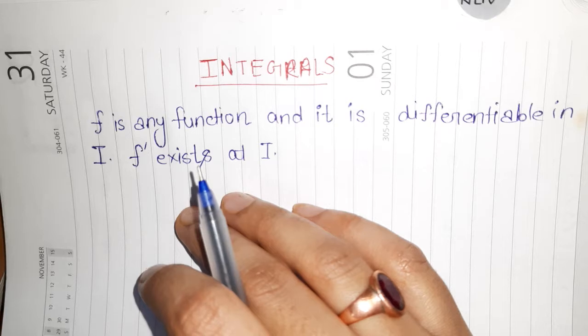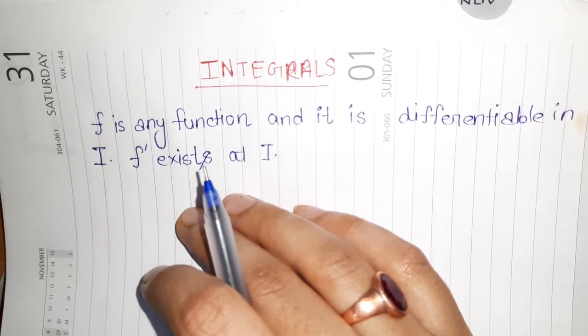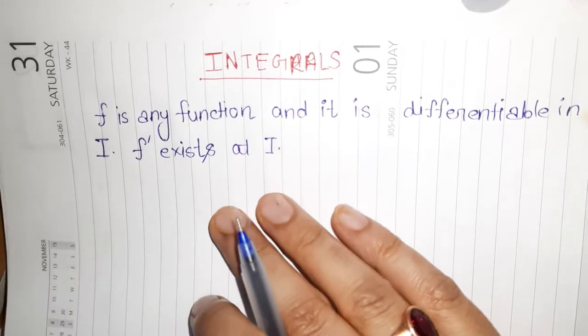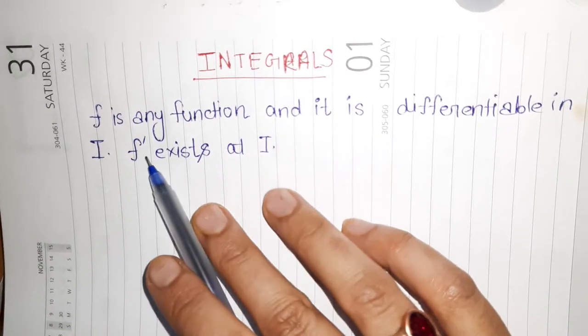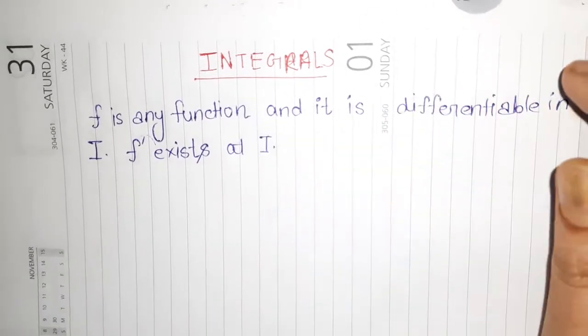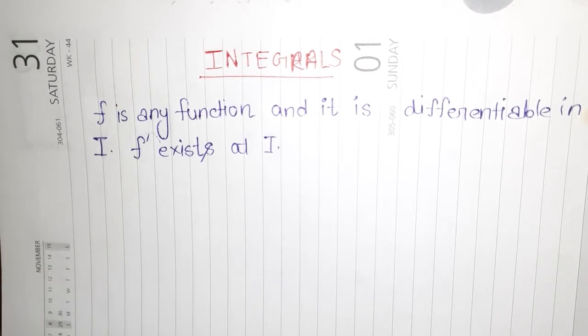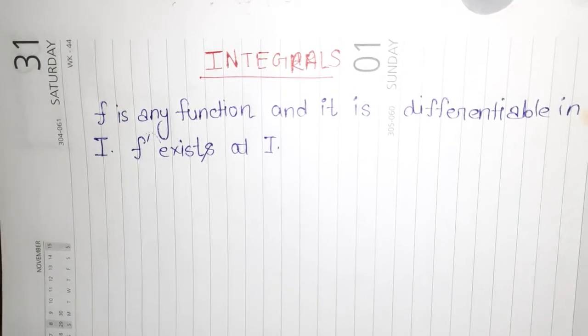Then it is called antiderivative. From the f dash we determine a function, and that is called the antiderivative. So this is what we do in integration.